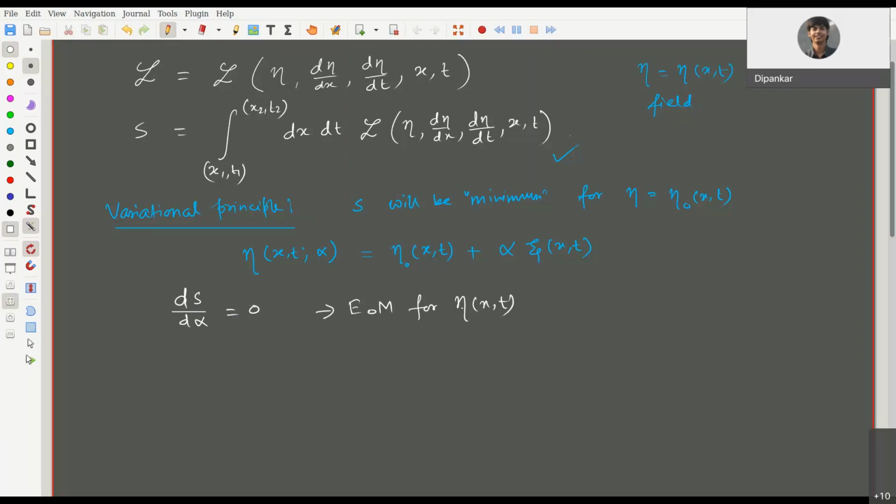If you do this exercise, which has been done in many of the textbooks, you will find that the field equation looks like this.